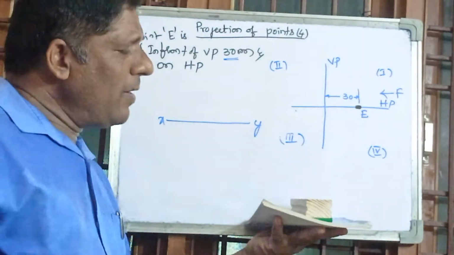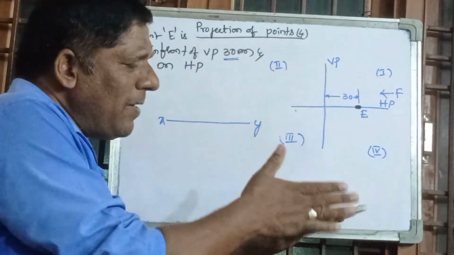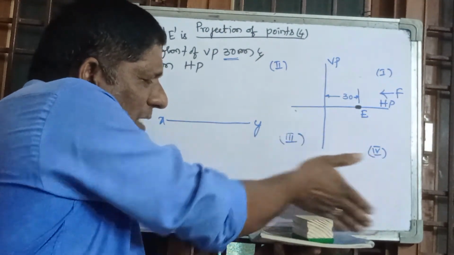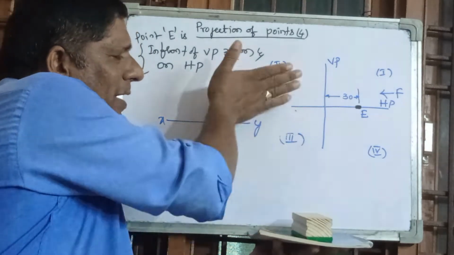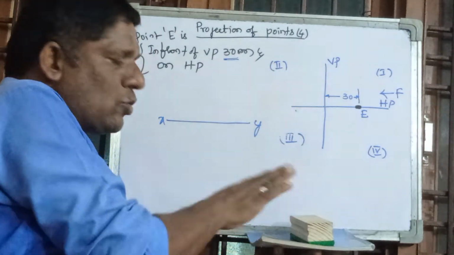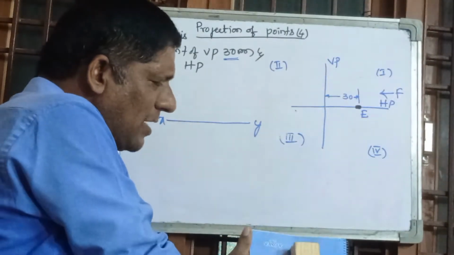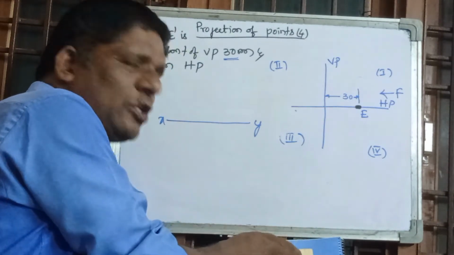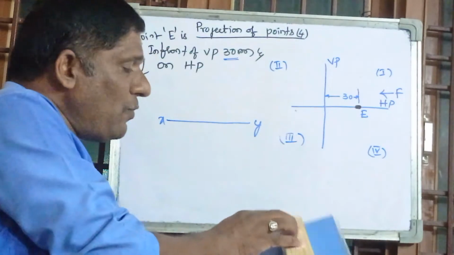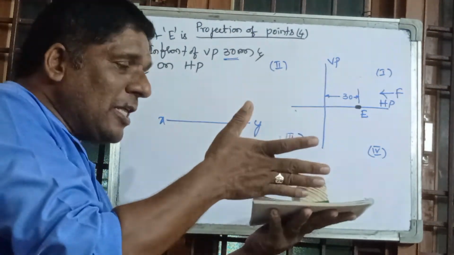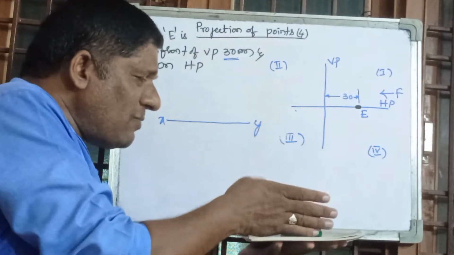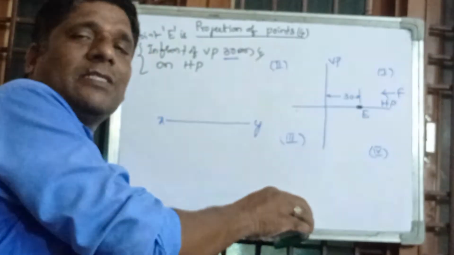So that's why, if you observe from here, where does this point fall? This is the reference line, the XY axis line. This is the vertical plane, and this is the horizontal plane. After completion of the projection, we have to rotate the horizontal plane. This is the XY axis line, and below XY this point falls. But this point is lying on the horizontal plane, so if you project this, what will happen? It falls on the XY axis line.